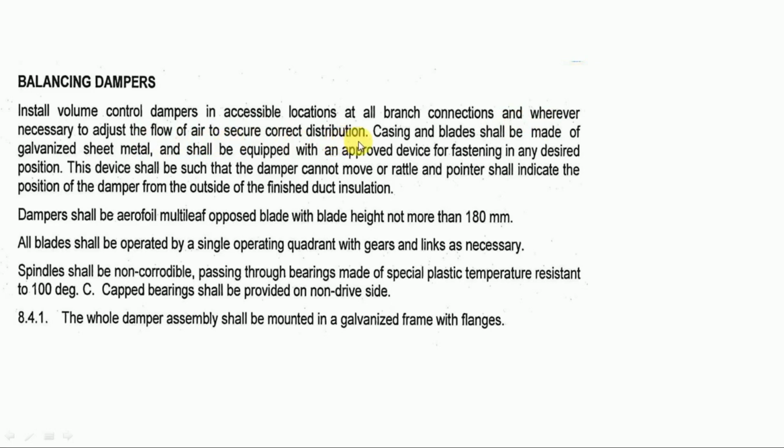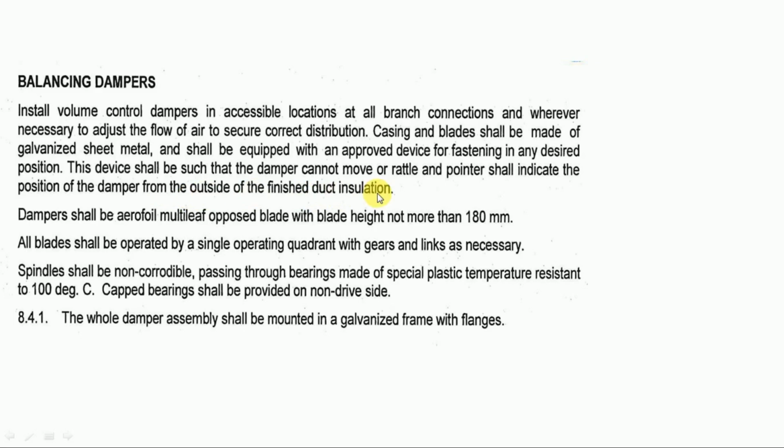That is very clear. Casing and blades shall be made of galvanized sheet metal. So what he is asking is that the frame and blade of the VCD shall be GI and shall be equipped with an approved device for fastening in any desired position. This device shall be such that the damper cannot move or rattle, and a pointer shall indicate the position of the damper from the outside of the finished duct insulation.